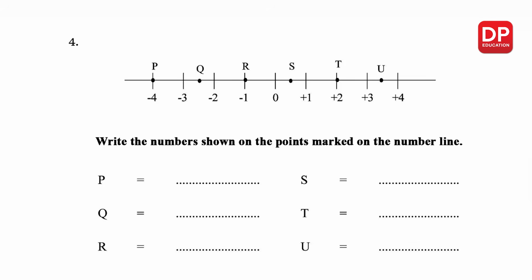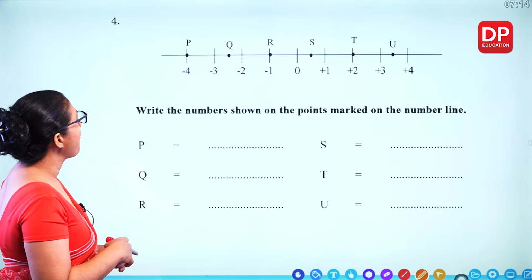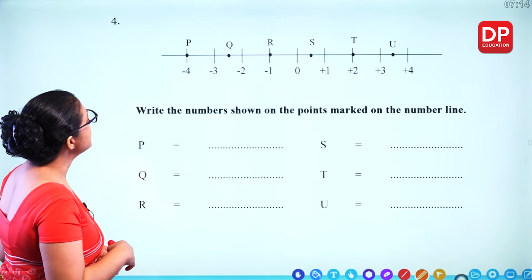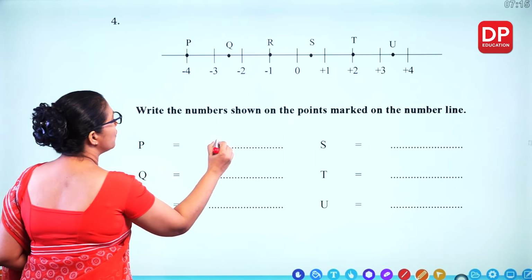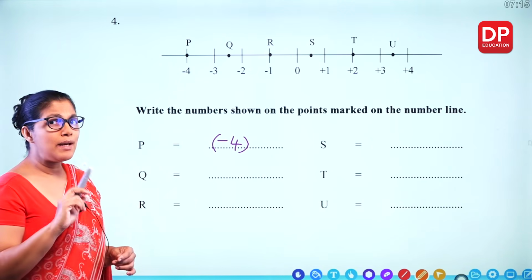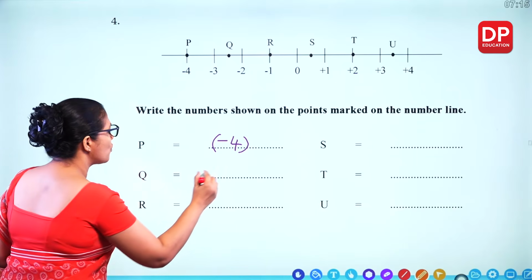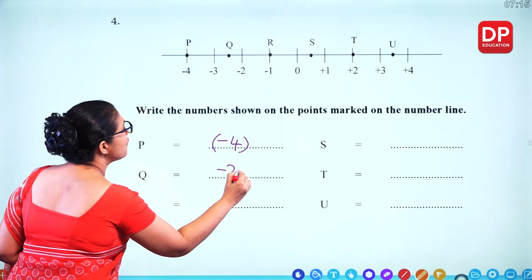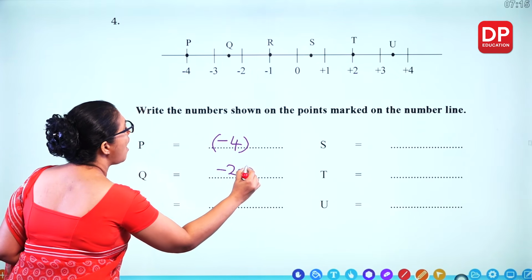Look at this diagram. Write the numbers shown on the points marked on the number line. P. P is -4. Q. In between -2 and -3. So what's the value? -2.5.